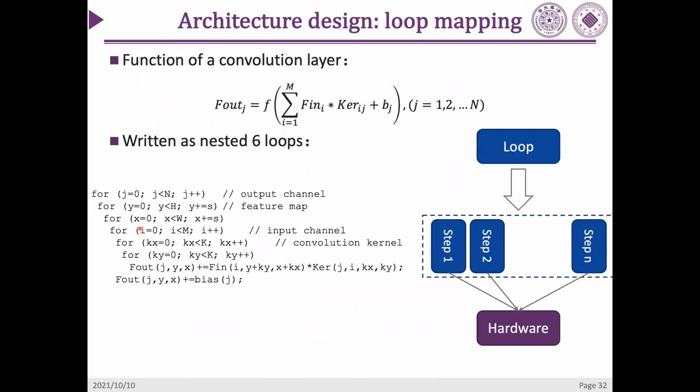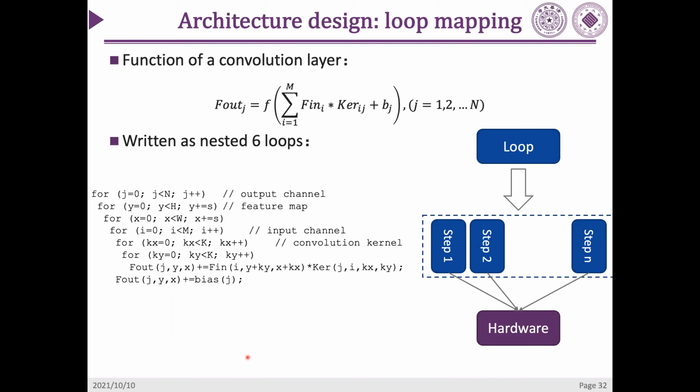And for the architecture level design, we see that the convolution layer is written as loop operations. So one of the key problems in hardware architecture design is the loop mapping. The formula of a convolution layer is shown in this equation, which can be directly written as 6 loops.